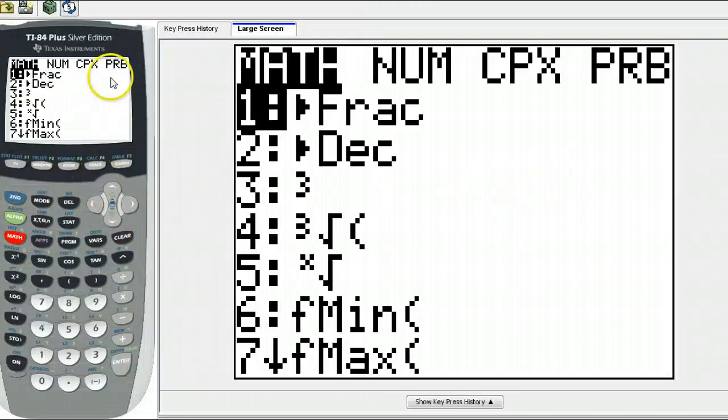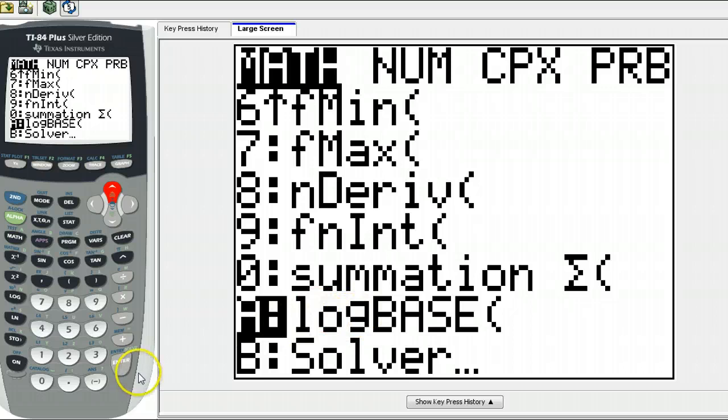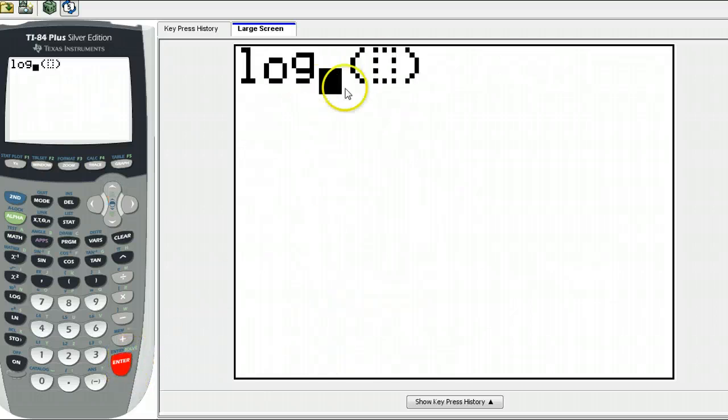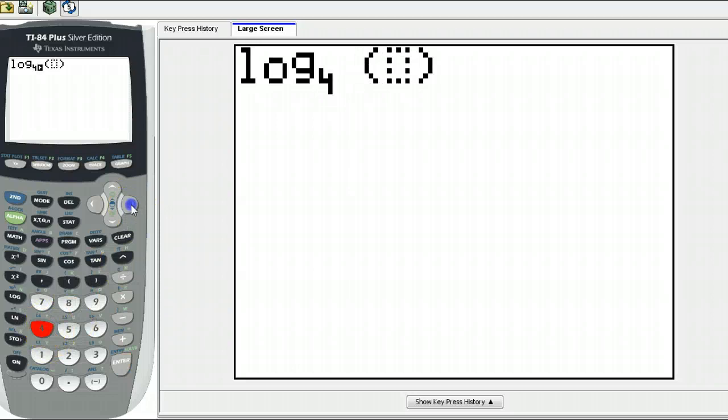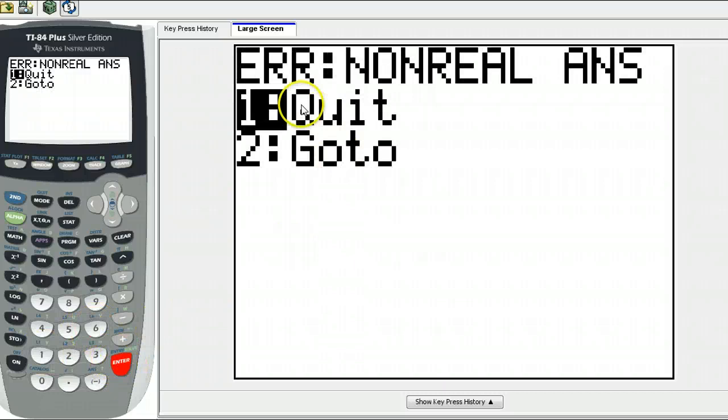I decided to use the graphing calculator so I don't have to use the change of base formula. So log base 4 of negative 16. Bam. Error. Non-real answer.